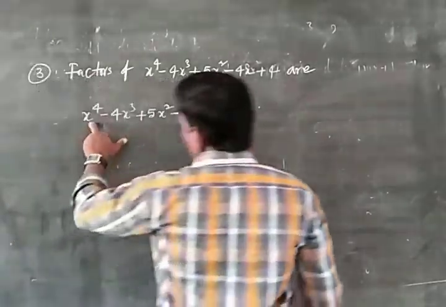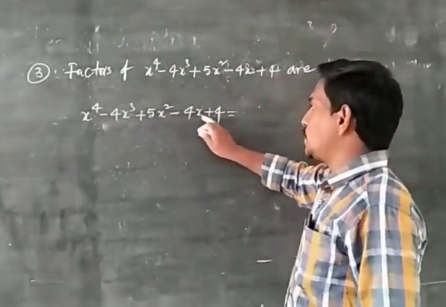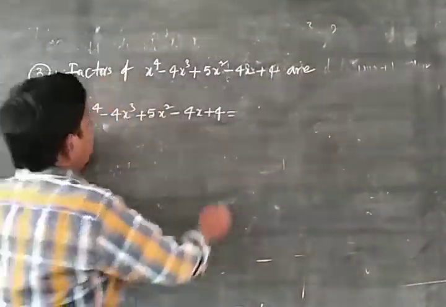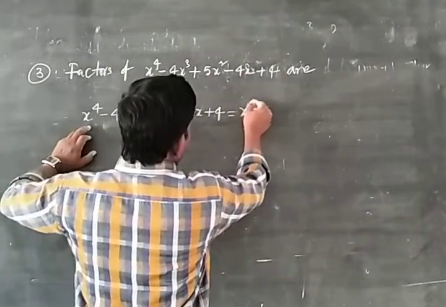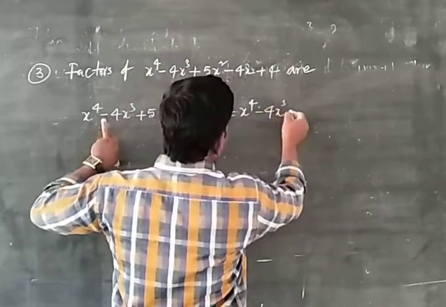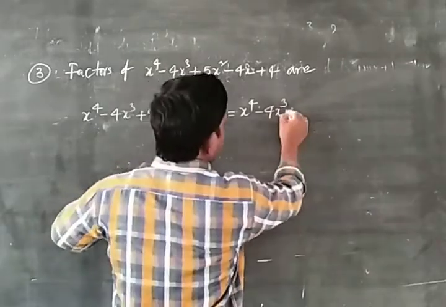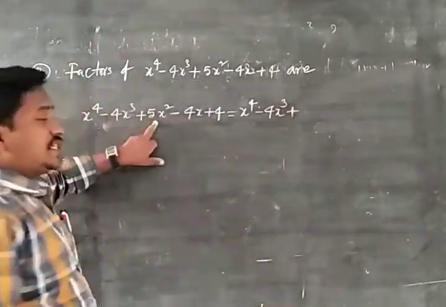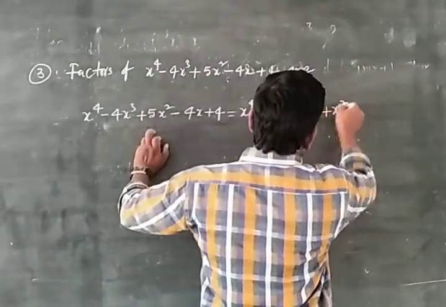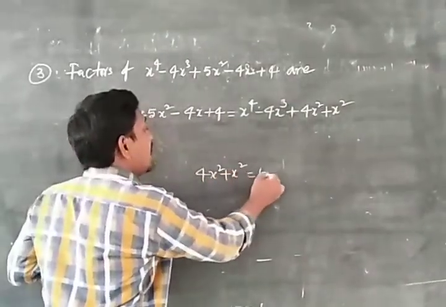So x power 4 minus 4x cube plus 5x square minus 4x plus 4. I want to make some arrangement. Write x power 4 as this, minus 4x cube as this, plus 5x square written as 4x square plus x square. 4x square plus x square is 5x square.